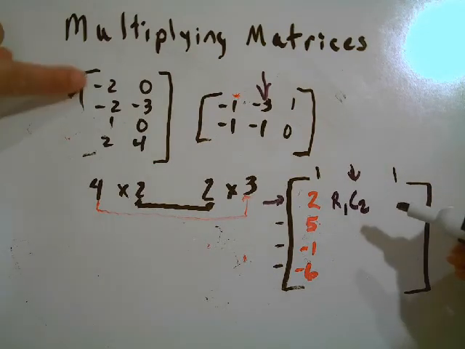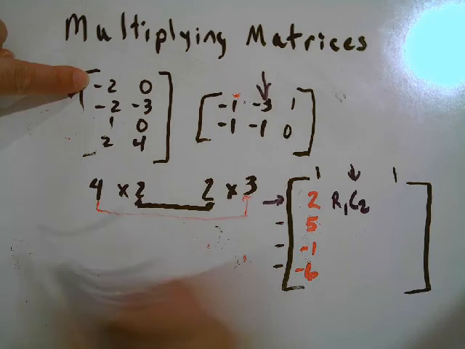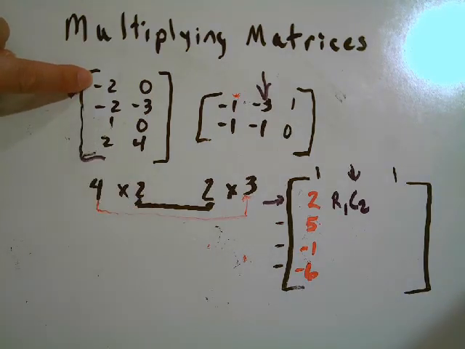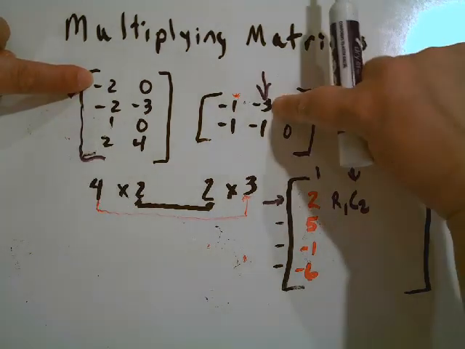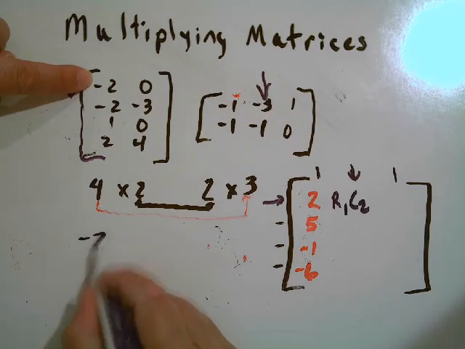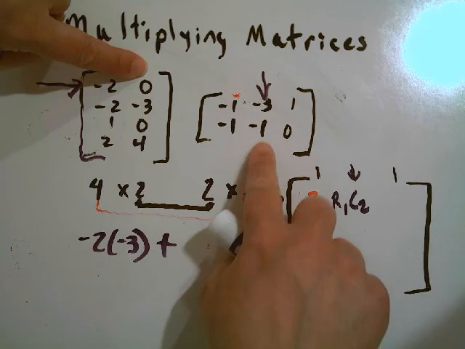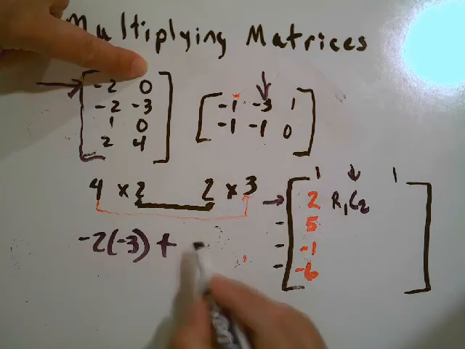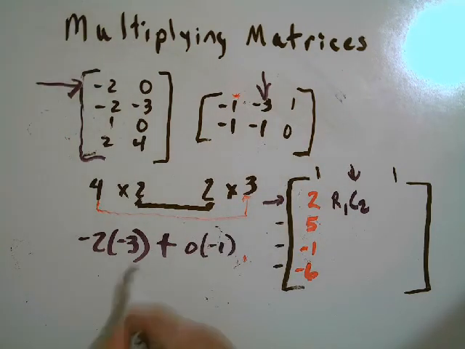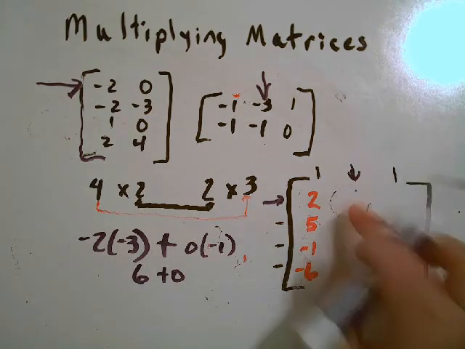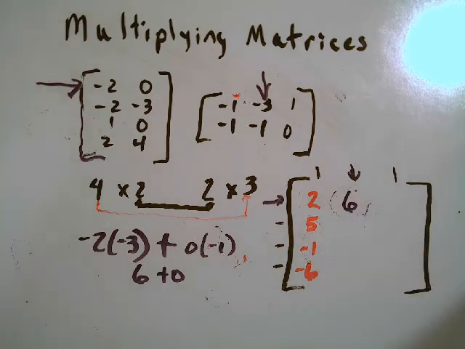So I'm using row 1, column 2. So -2 times -3 plus 0 times -1. So 6 plus 0, so I have a 6 in this spot right here.